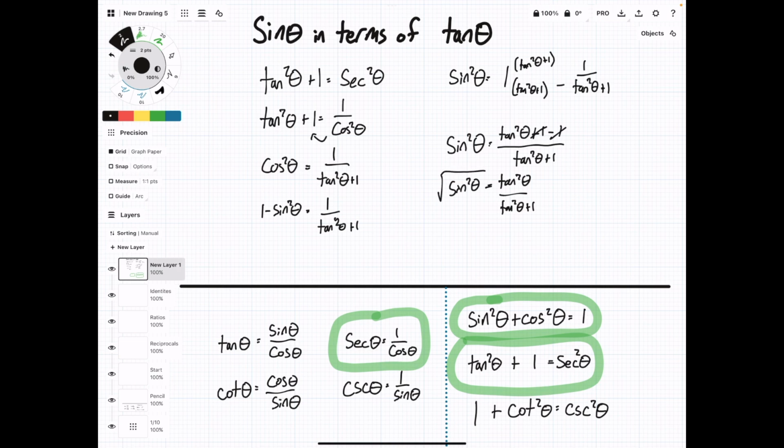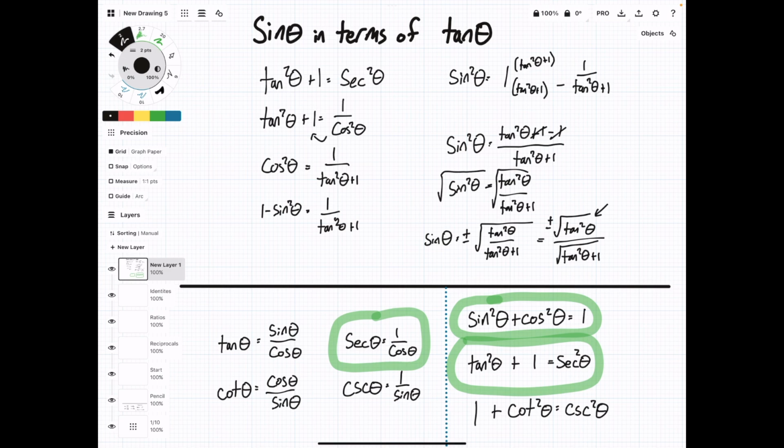Then take the square root of both sides. When we do that, we need to add in the plus or minus symbol, so this becomes plus or minus square root of tangent squared theta over tangent squared theta plus 1, which we can rewrite as plus or minus the square root of tangent squared theta over the square root of tangent squared theta plus 1.